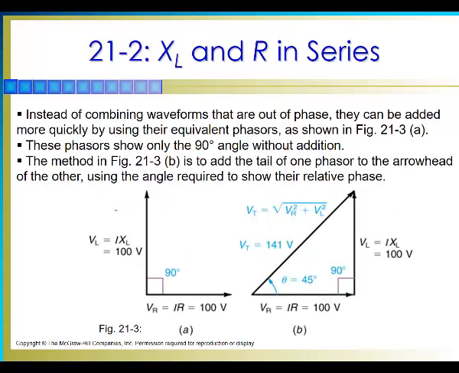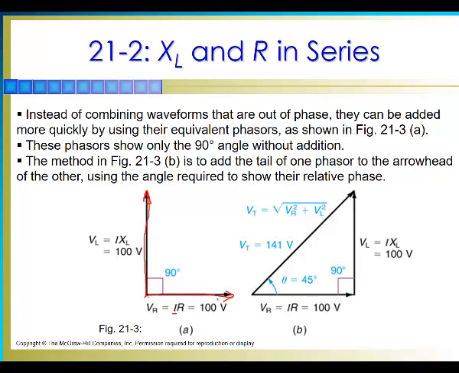So when it comes to adding the voltages on an RL series circuit, we're going to have the voltage on the inductor leading the voltage on the resistor. Okay, because remember, the voltage always leads the current, and the current is always in phase with the voltage on the resistor.